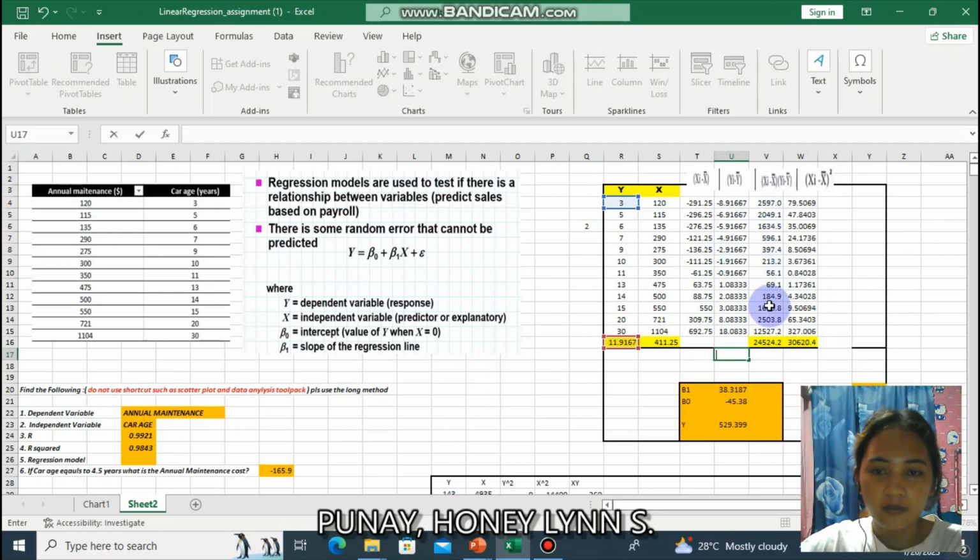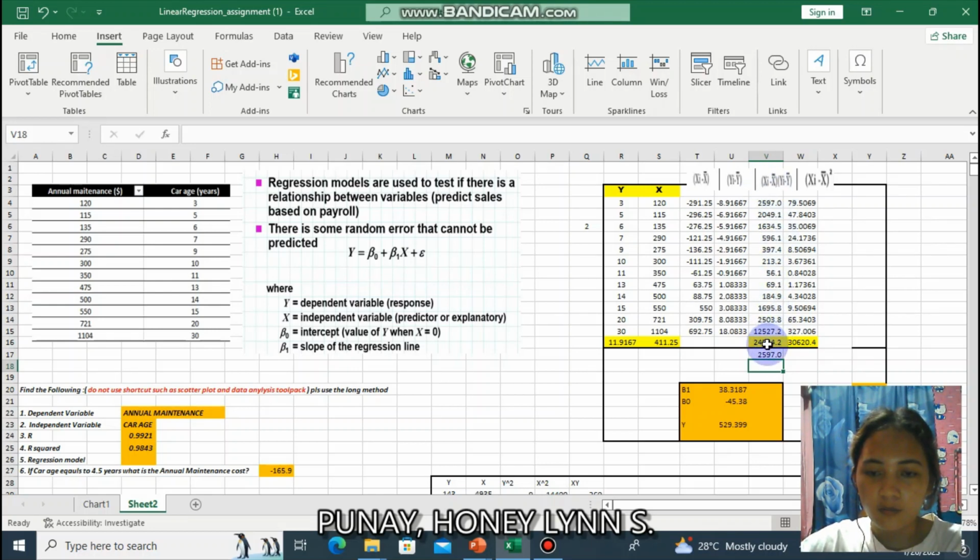On this side, I use the formula equals 120 times the value of this side, then enter. To get this value, the formulation is only repeated.